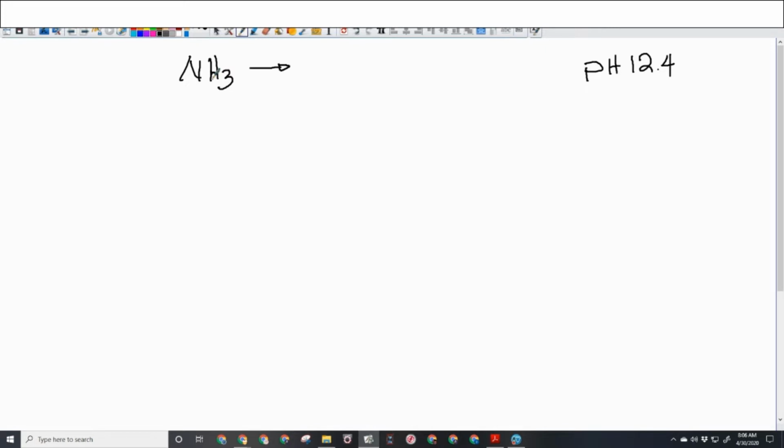So when you mix it with water, and I'm going to do the short version of this, I'm not going to show the water, it's going to accept a hydrogen to become NH4 plus, and then what's left over from the water is the OH.